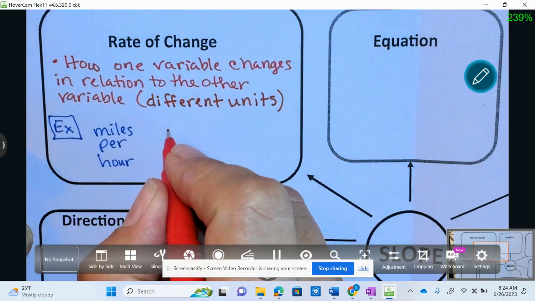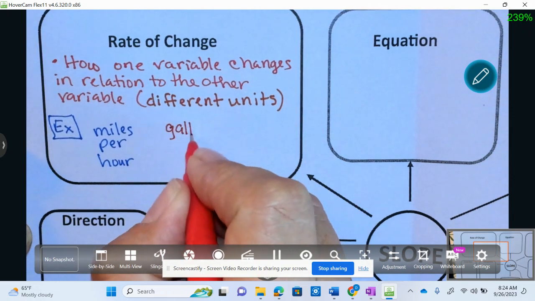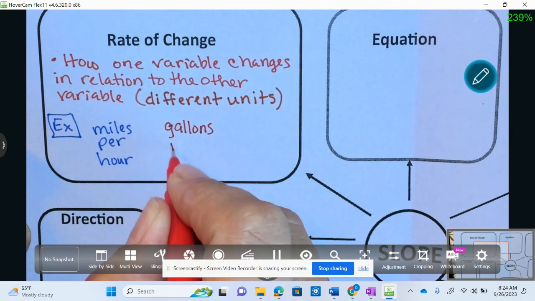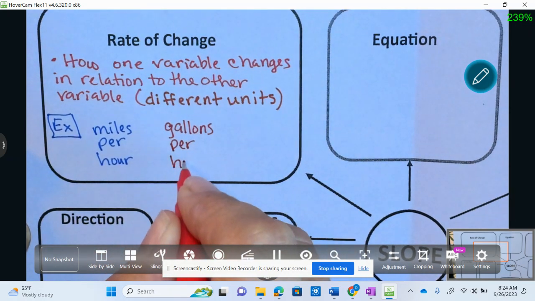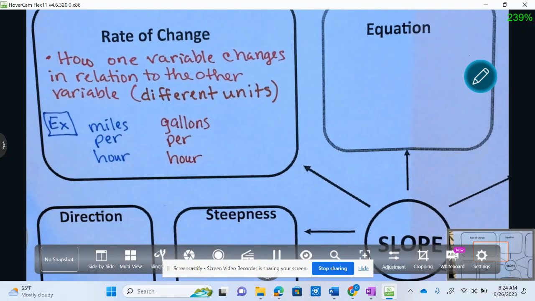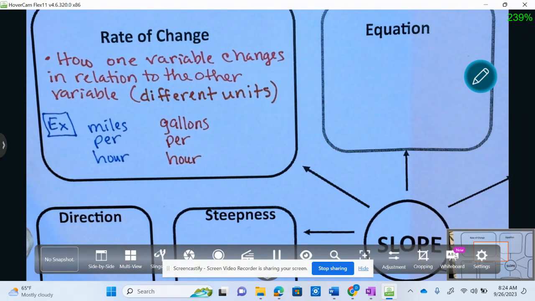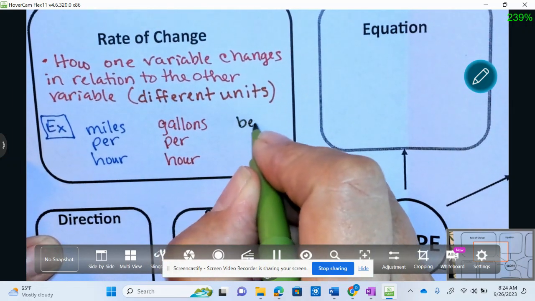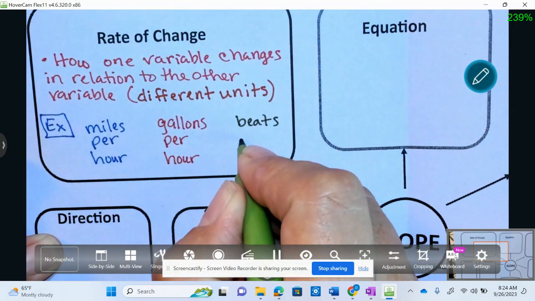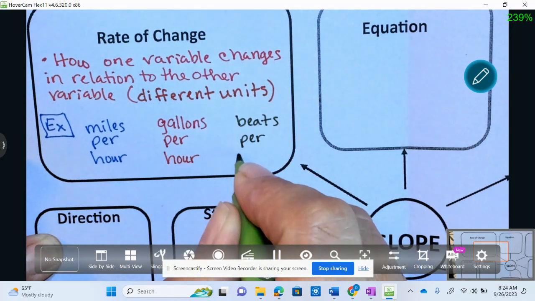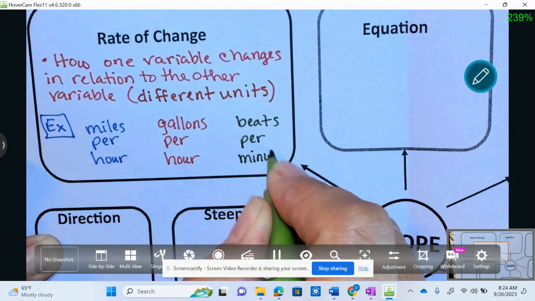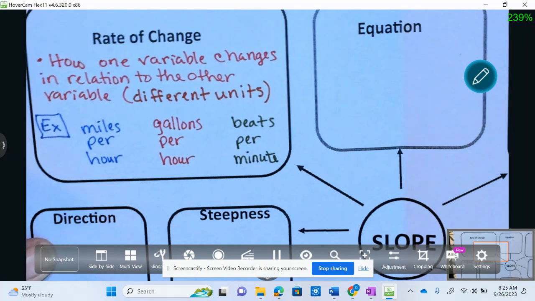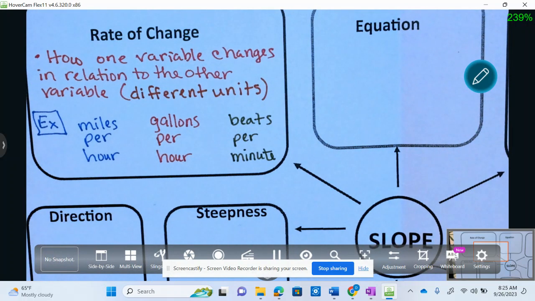We did gallons of gas per hour we drove. And we could also do something like, if we're talking about heart rates, we could do beats per minute. Beats per minute.